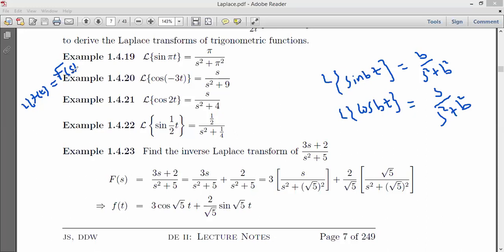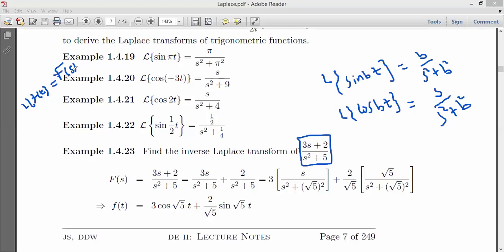It means we can look at the Laplace transform of a given function, and we can also look at the inverse Laplace transform. So in this case, we have a certain function that gave us this here. The question is, how do we work backwards to get that function? And this is exactly what we are doing.